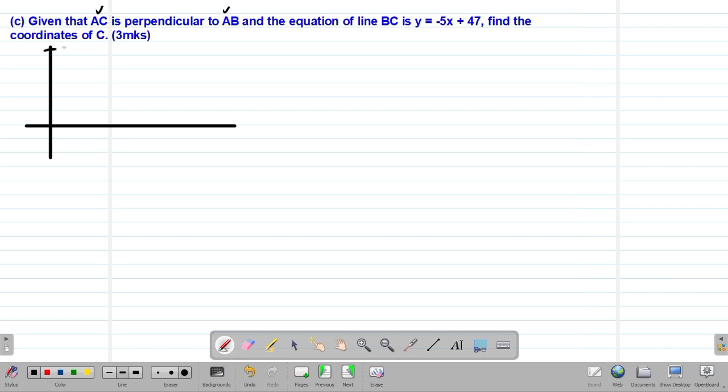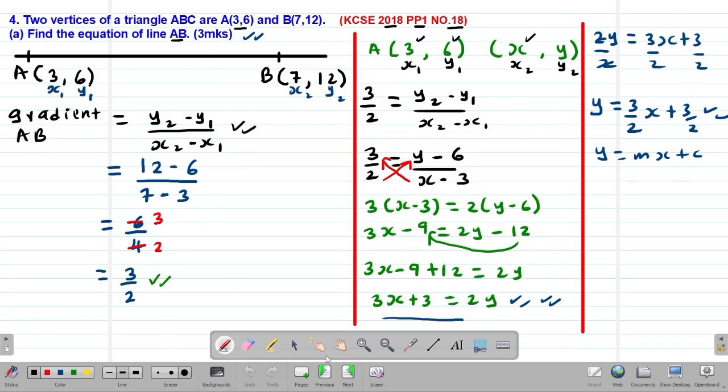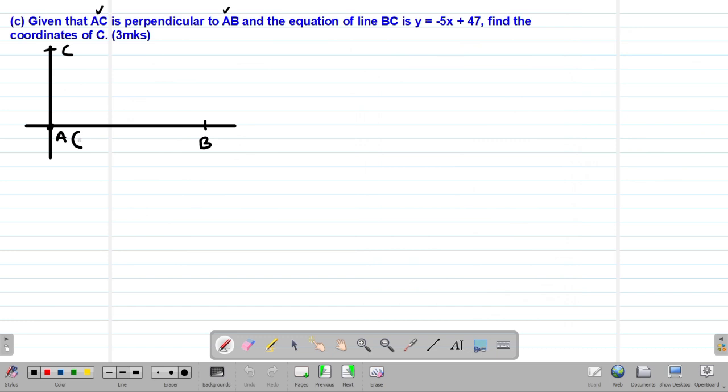If this is the point C, then of course this is the point B. And remember, from part A, I already had the coordinates for point A, which was 3, 6. So A had the coordinates of 3, 6.